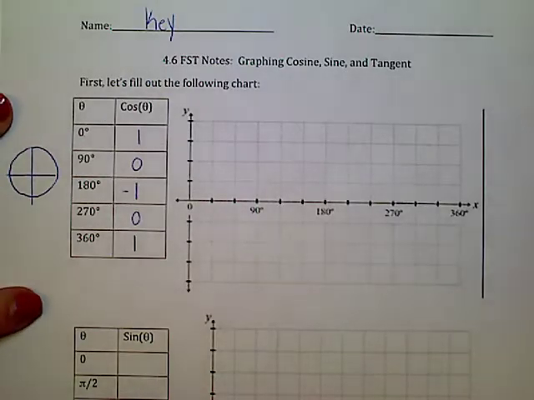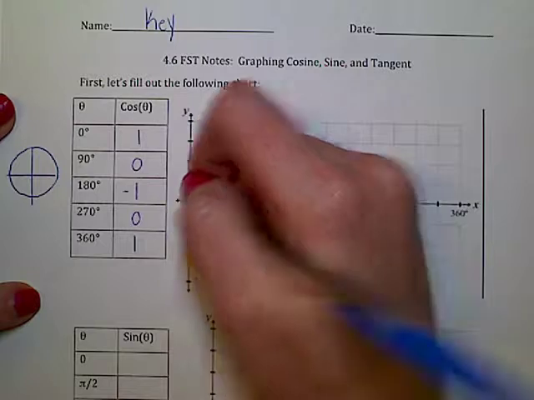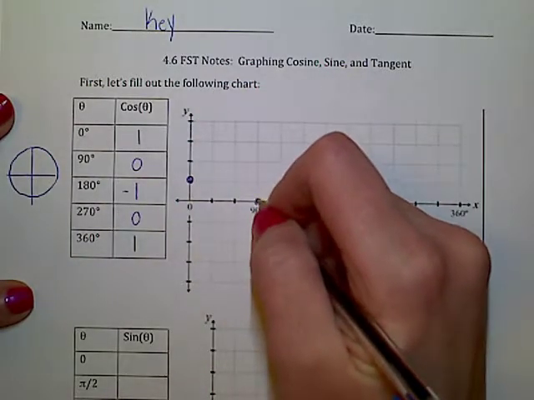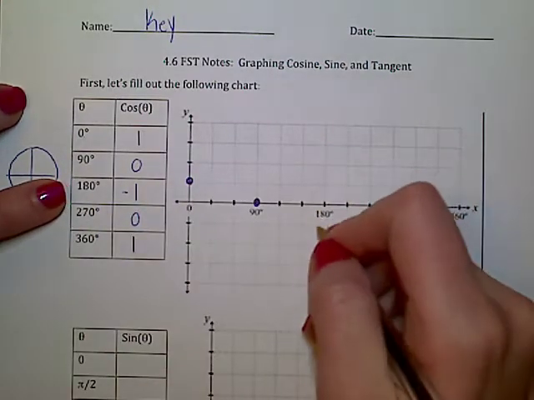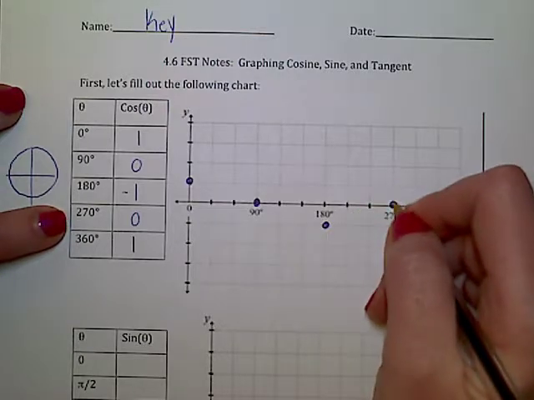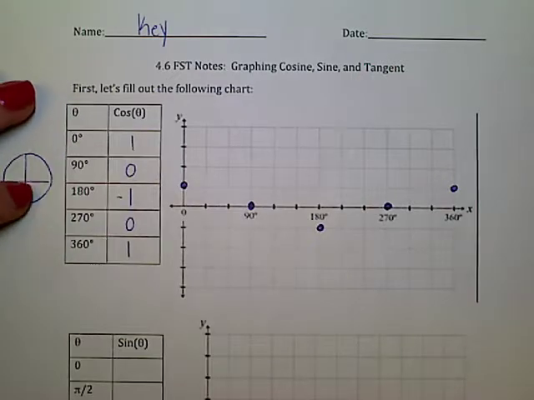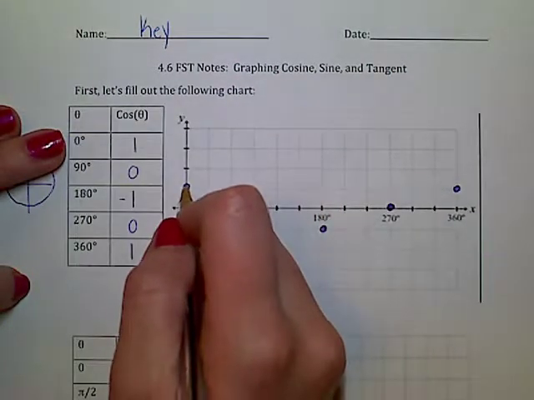So if I take these points and I plot them at 0, 1, you got right there. At 90, y value 0. At 180, -1. 270, we're back at 0. And 360, we're back at 1. Now, we don't want to connect these points with straight lines. They have a little bit of a curve.